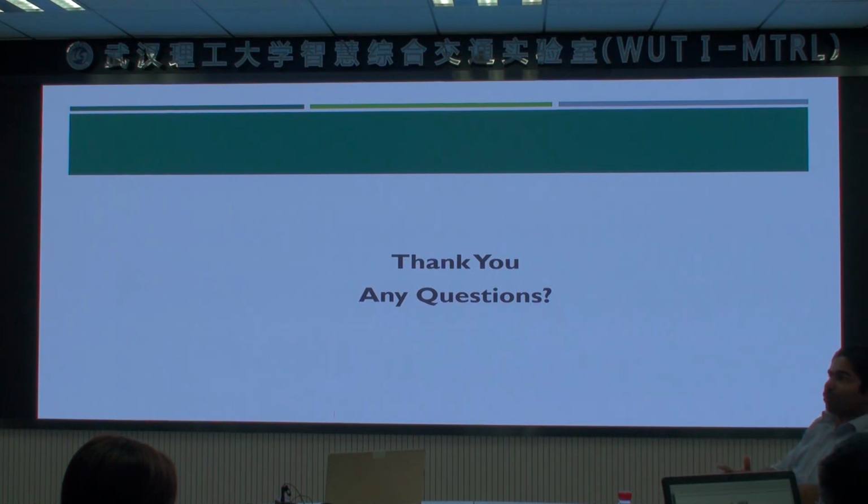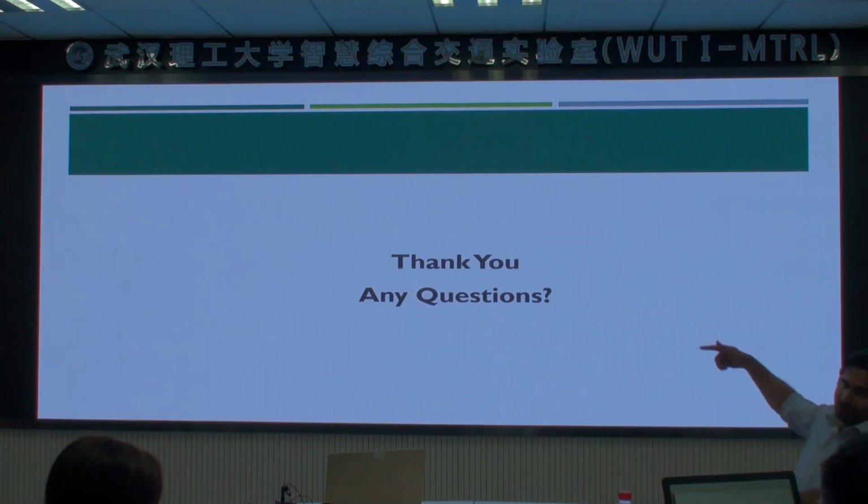If you have lots of data, we can actually estimate most of these parameters in the model. In the Wuhan model, we borrowed most of the parameters from the Alberta model, but we are calibrating the parameters depending on the data we have here. But if you have lots of data, definitely you can estimate most of these parameters. Thank you.